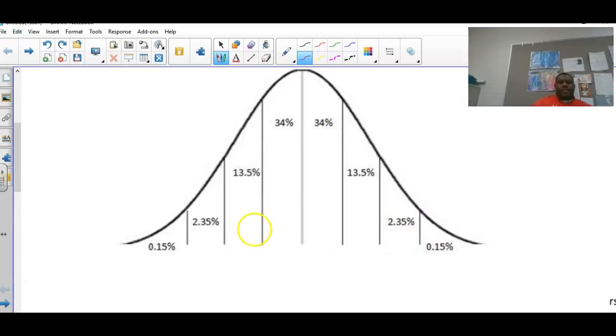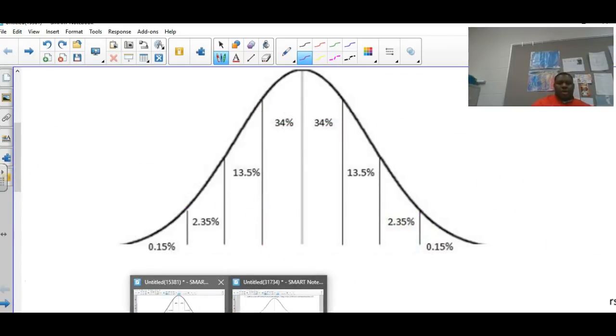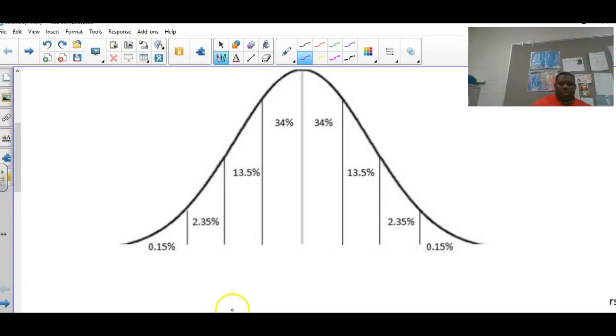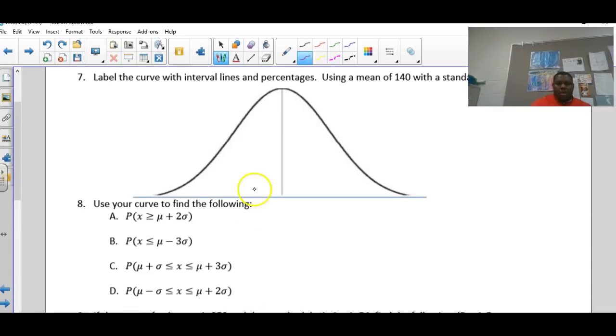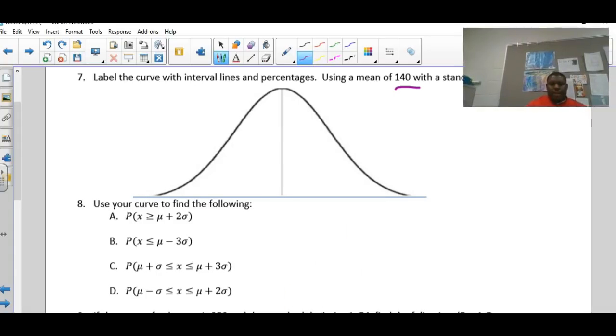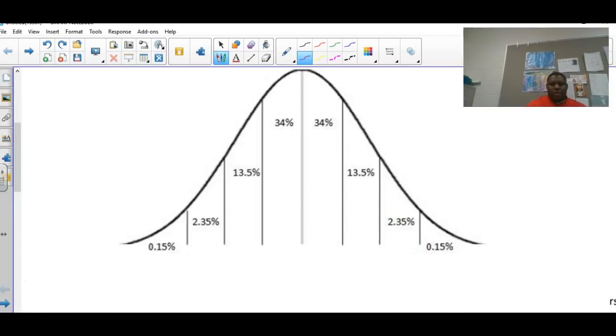So in this problem here, we're faced with a situation where the mean, let me go back to the word problem. The mean is 140, and the standard deviation is 27. Yep, 27. So let's go back over here. The mean is 140, and the standard deviation is 27.